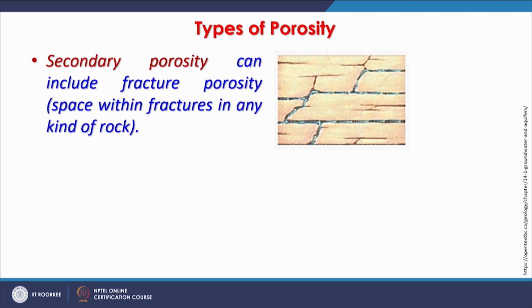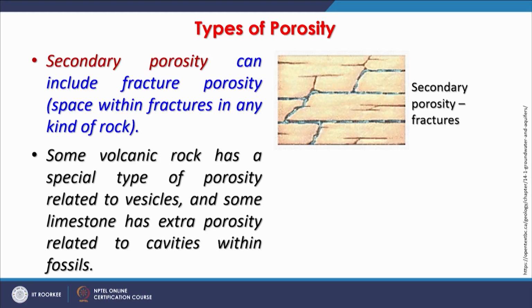Secondary porosity can include fracture porosity, space within the fractures in any kind of rock. Fractures can also be in sedimentary rocks, but sedimentary rocks may have their own porosity at the time of origin.